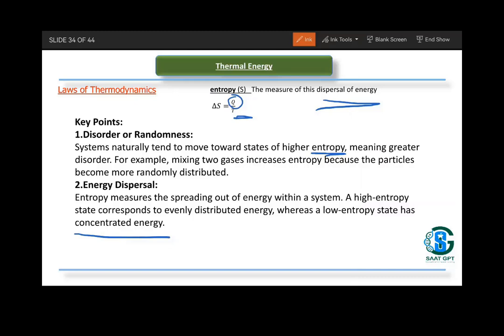With more random motion, the particles move everywhere, so the piece of matter has an equal distribution of energy in each part of it. But with low entropy, the energy is concentrated in a certain part of the matter. So all substances prefer to have high entropy, high randomness, to make an equal distribution of energy between particles.